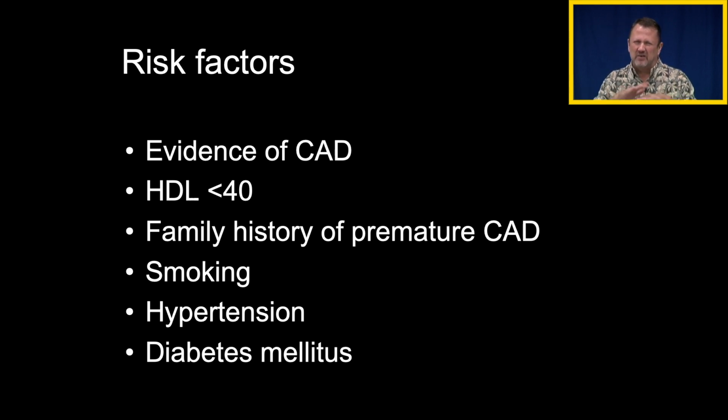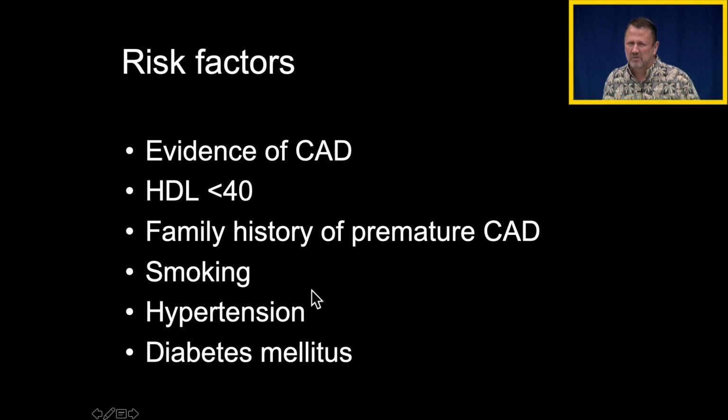And all these things, they don't add together, they multiply with each other. And so we have to be very aggressive about determining evidence of coronary artery disease, asking histories if they have a history of premature coronary artery disease, looking at their HDLs and their LDLs.